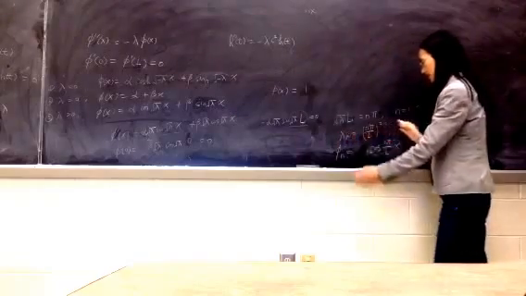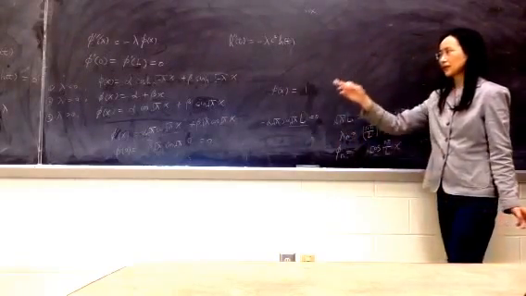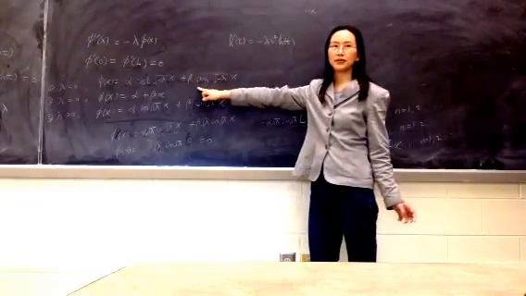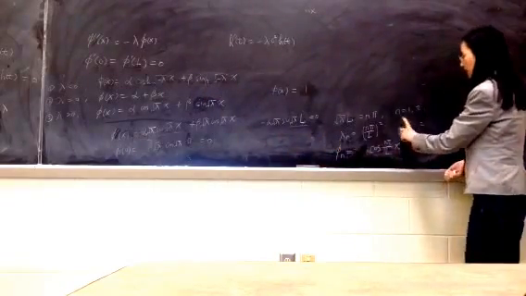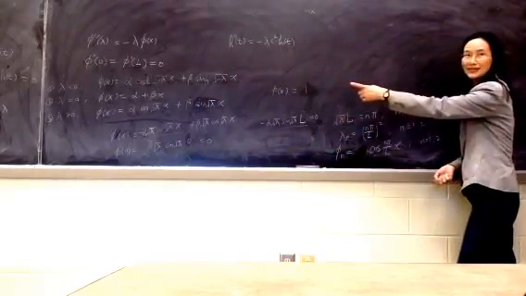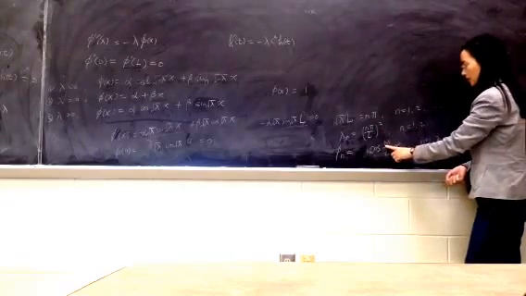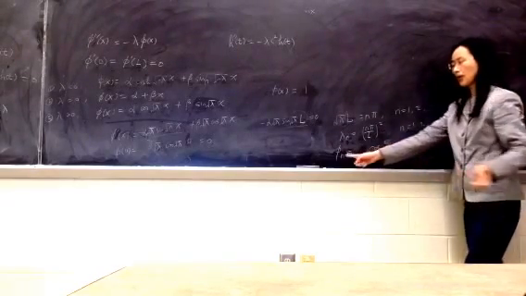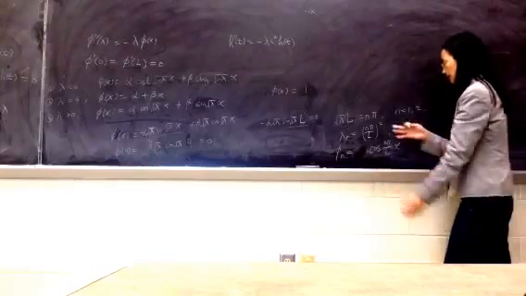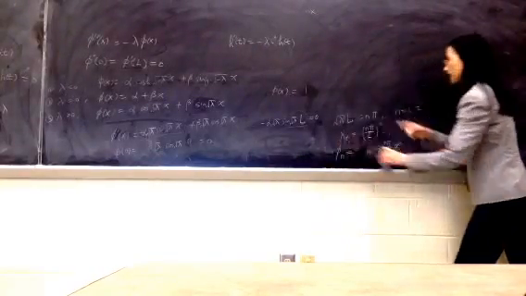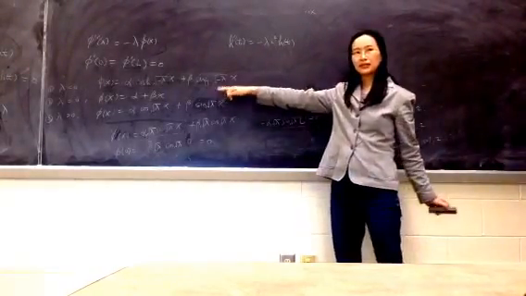This formula actually will include this case if I include 0 for n. Try when n is 0, lambda is 0, that's the previous case. And then when n is 0, that's cosine 0, which is 1, right? That's 1. So if we include 0, we can also cover that previous case as well.